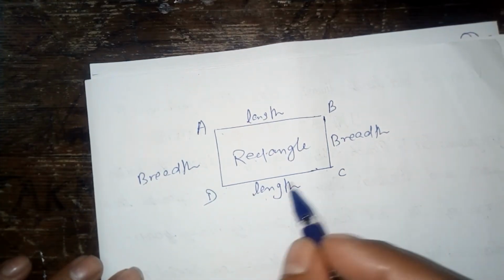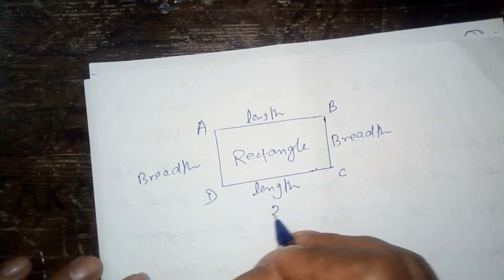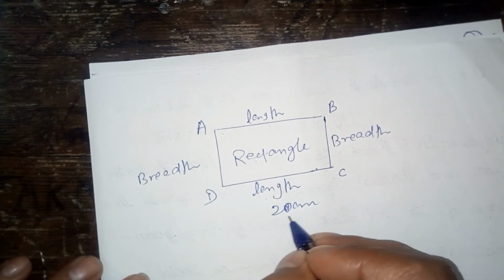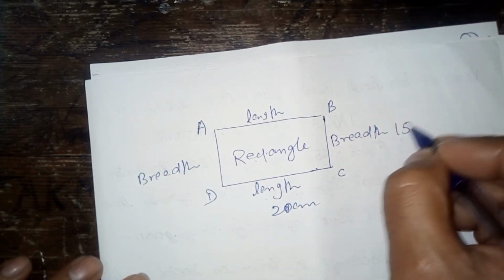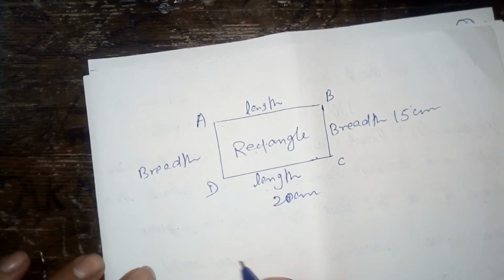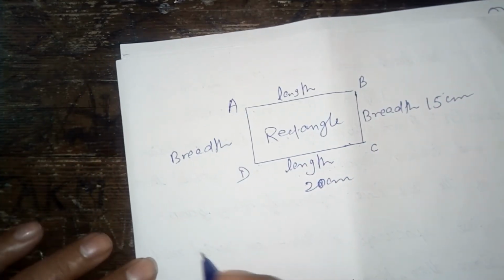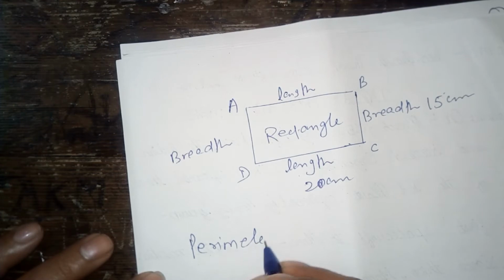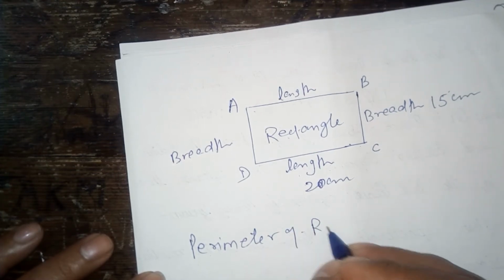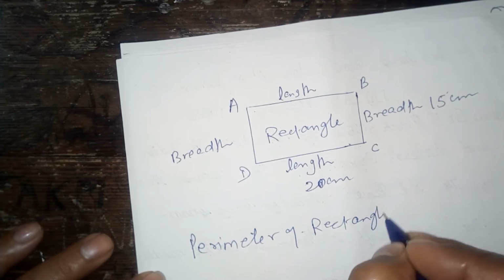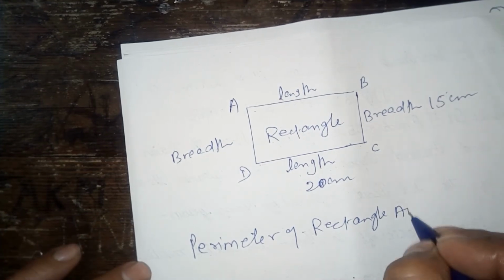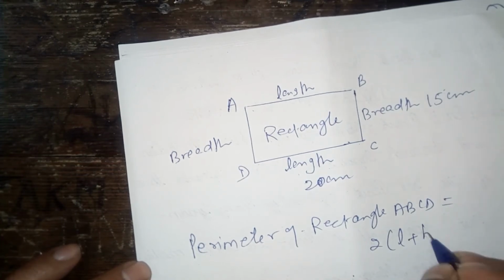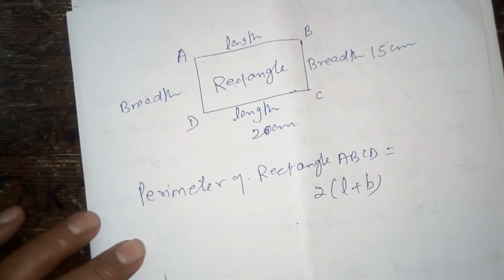Suppose in this rectangle length is 20 centimeter and breadth is 15 centimeter. So how will you find out the perimeter of the rectangle? You know very well, perimeter of rectangle ABCD is equal to 2 into (L plus B).